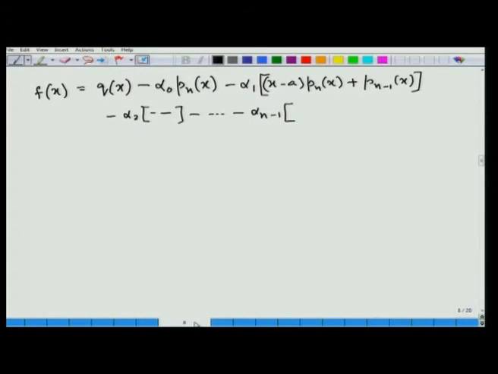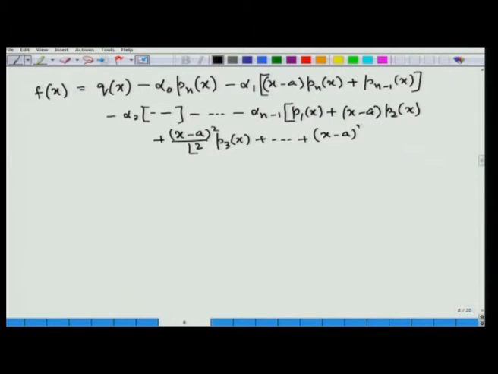So, proceeding in this way, you will be having this p 1 x plus x minus a p 2 x plus x minus a whole square by factorial 2 p 3 x plus dot dot, the last term will be x minus a whole to the power n minus 1 by factorial n minus 1 p n x.